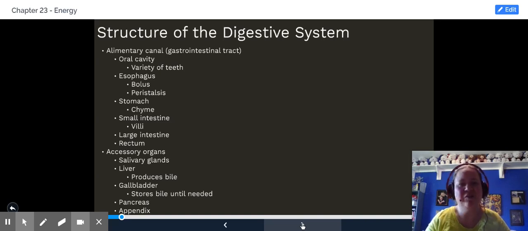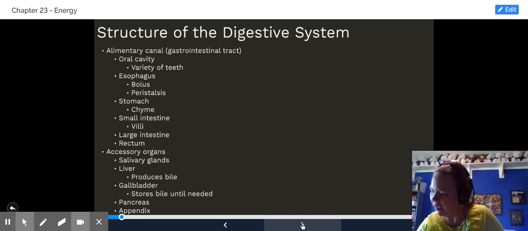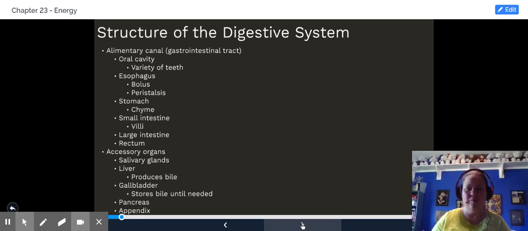And then after we swallow the food, the tongue will push the food into the pharynx, the throat, and into the esophagus as a ball-like substance called a bolus, okay? It will travel down the esophagus propelled by peristalsis.